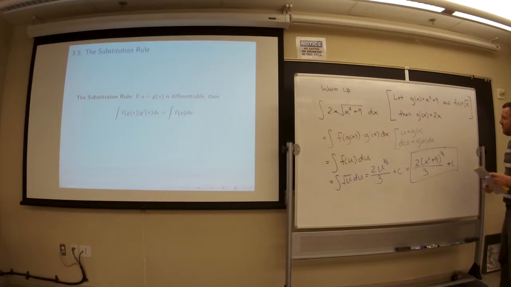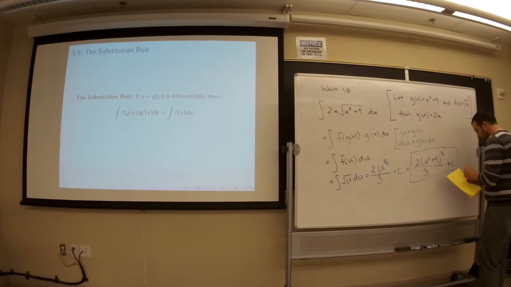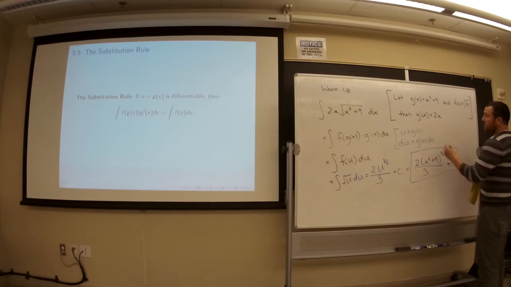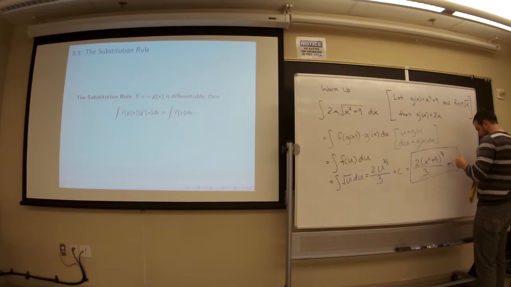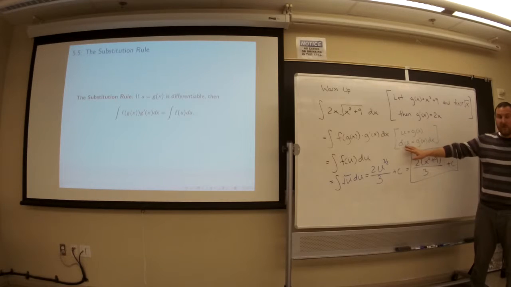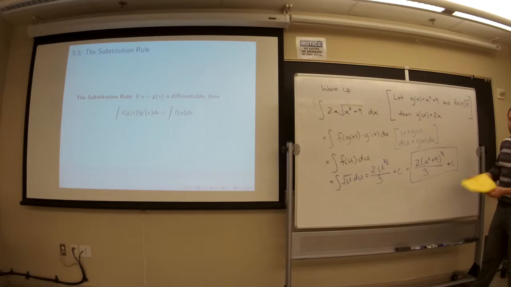Okay, so that's just showing where all of this kind of comes from. So you always set u equal to the inside function, and then figure out what du is in terms of dx, make that substitution, and then compute the integral.